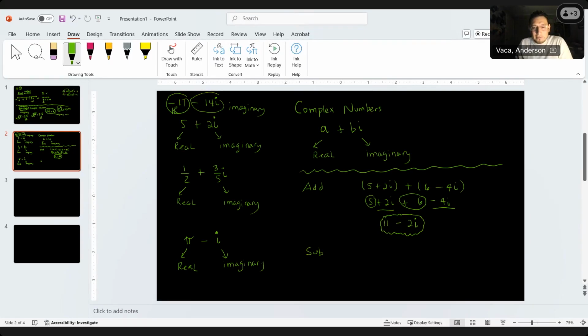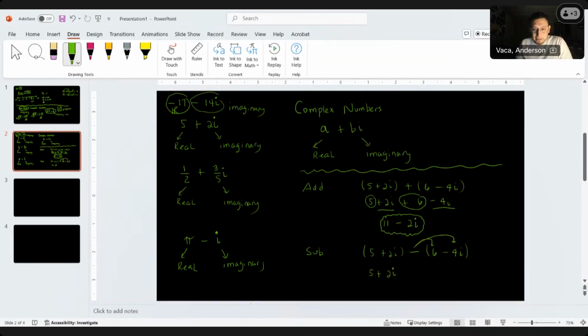Let me do a subtraction, and I'm going to use the same complex numbers. 5 plus 2i minus 6 minus 4i. Now I'm going to be a little bit more careful. On the first complex number, I can go ahead and get rid of the parentheses. But here, this negative will distribute into both of these numbers.